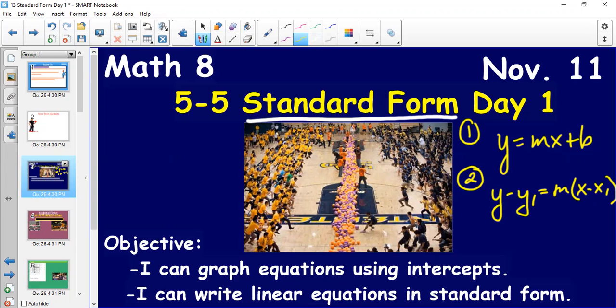The first objective is how we can graph equations using standard form. The second objective is how we can write an equation in standard form. That one especially is the hard part, and we'll work with it more in tomorrow's lesson.